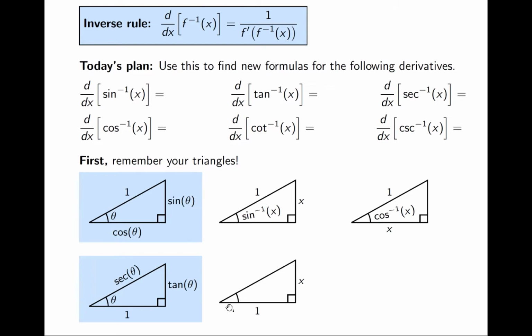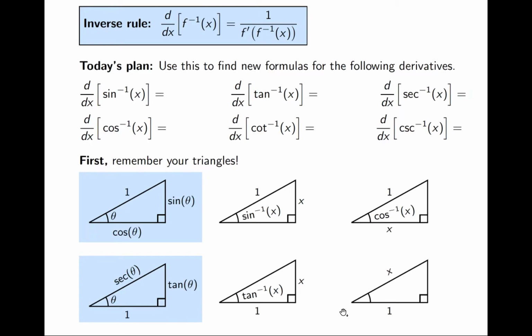Given a triangle whose adjacent side is 1 and whose opposite side is x, if you took tangent of this angle, it would give you x. So this angle is tangent inverse of x.